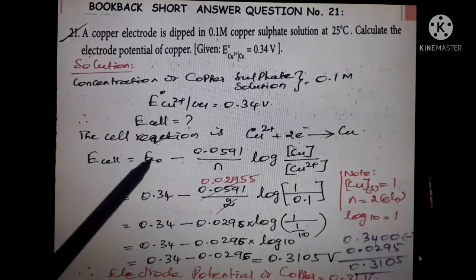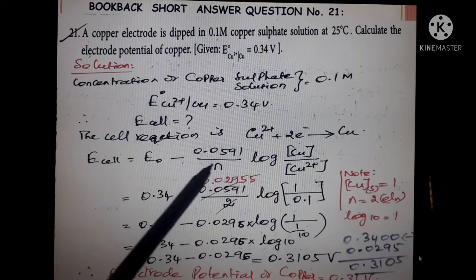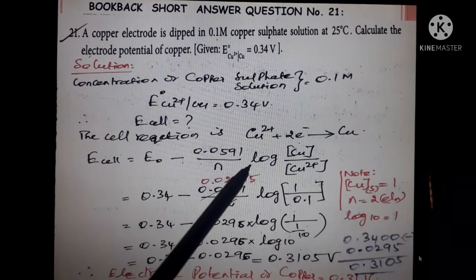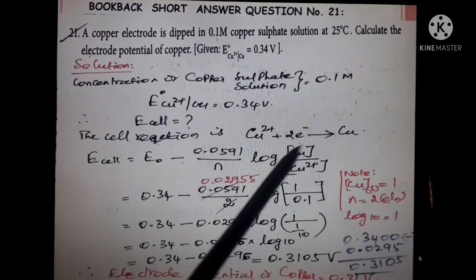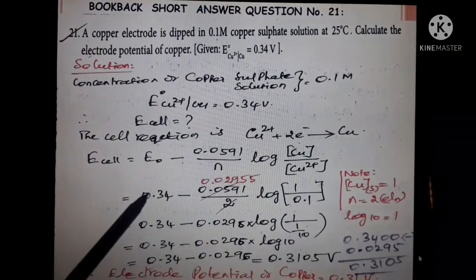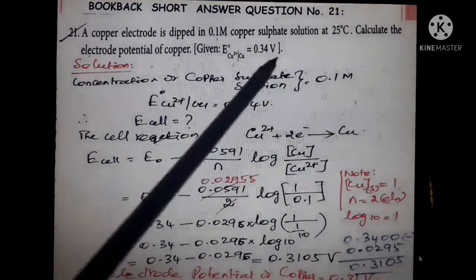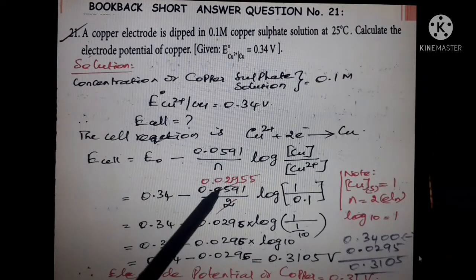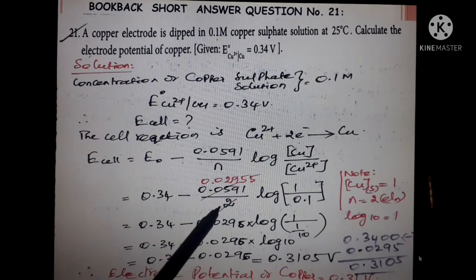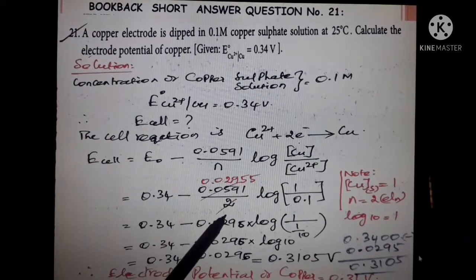So E cell is equal to E0 minus 0.0591 divided by n into log of [Cu] divided by [Cu2+]. E0 is already given as 0.34, minus 0.0591 divided by 2, because 2 electrons are gained, so the number of electrons is 2.